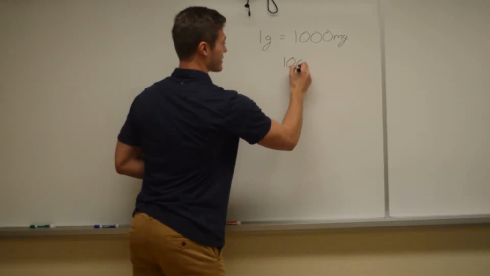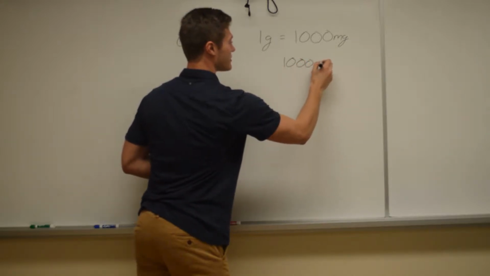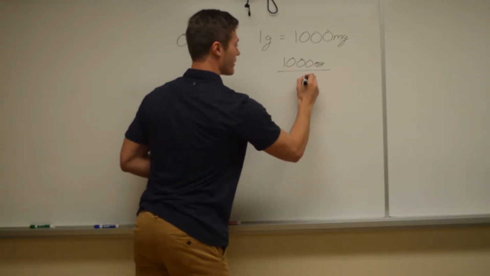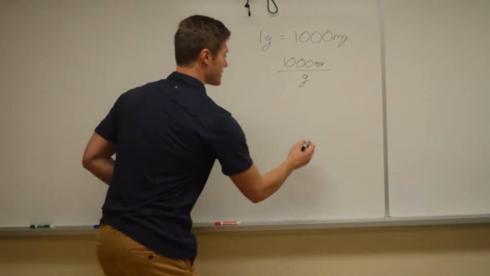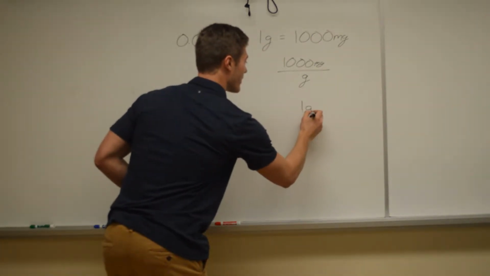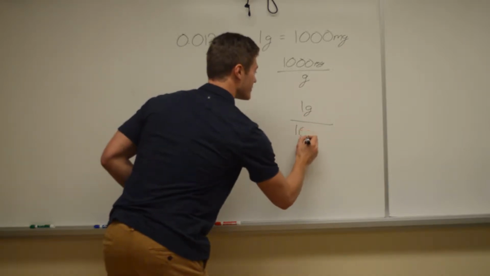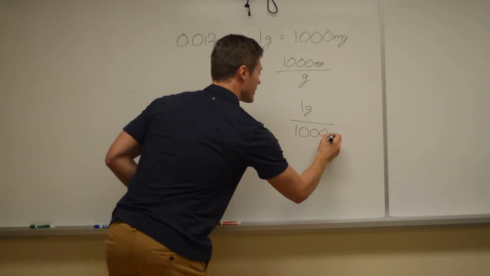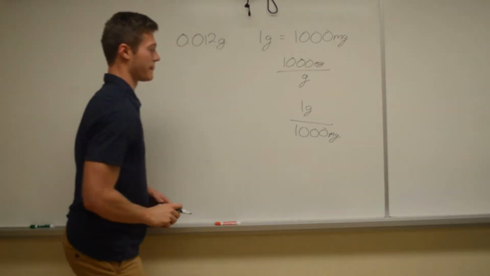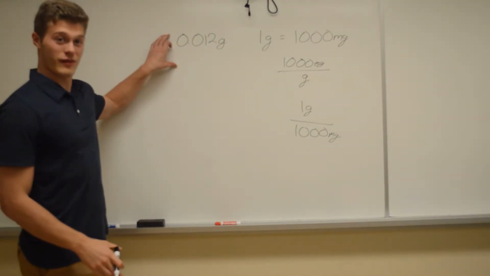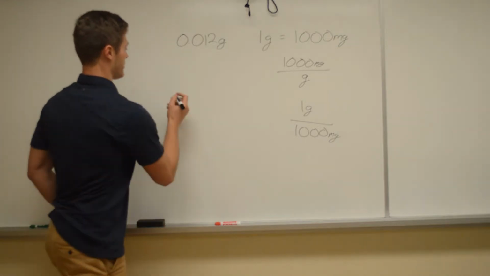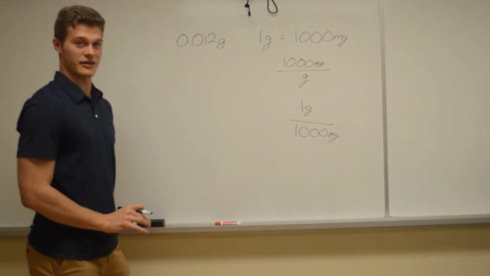So for 1,000 milligrams, you have 1 gram. And you can write that in the inverse. You can say that for every 1 gram you have 1,000 milligrams. So now if we were to convert 0.012 grams into milligrams, we would use this conversion factor.